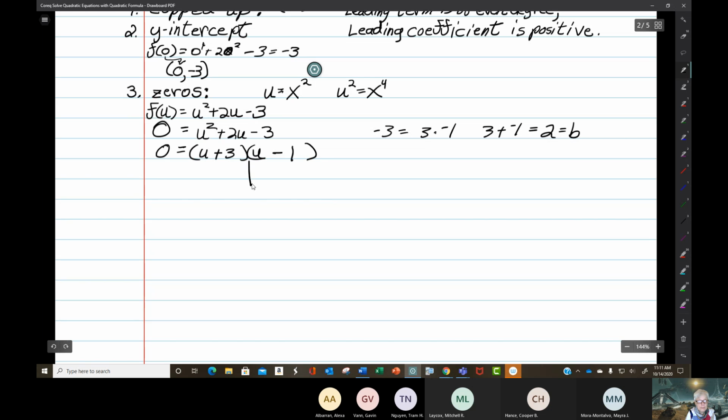Then you set each of these equal to 0 like we did before. U plus 3 equals 0. And U minus 1 equals 0. So U equals -3 and U equals +1. Beautiful, but we're not done.